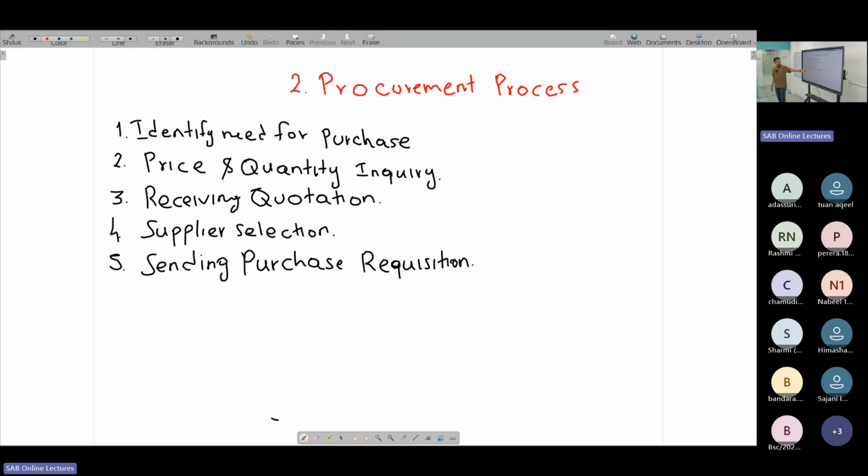So the purchase requisition should be sent by the store department to the purchasing department. Once the purchase requisition is received by the purchasing department, the next step follows.